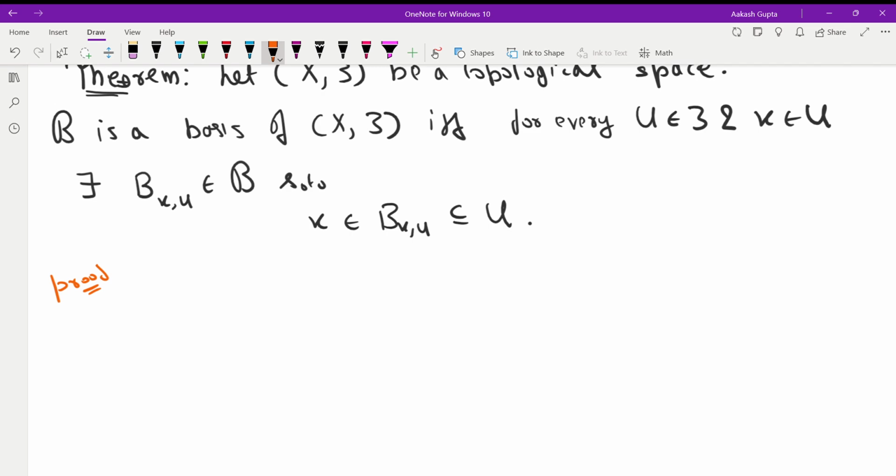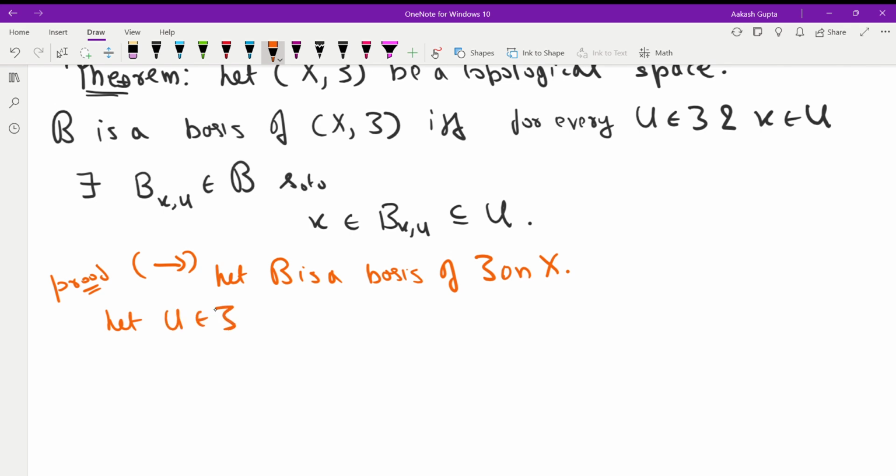So okay, let us proceed in the forward direction. Let B be a basis, and let U belong to tau. What it means, guys? This implies there exists some subset of script B such that U can be expressed as the union of its members.